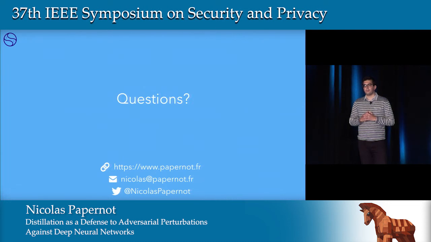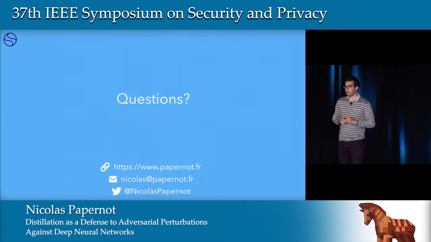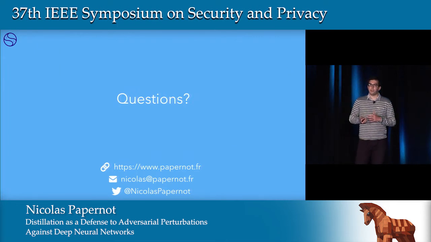Does your method somehow consider the constraints on the attacker? Let's say, is the attacker constrained in obtaining adversarial samples in a certain number of iterations? So are you asking basically about the assumptions that we make on the adversarial knowledge? Right.